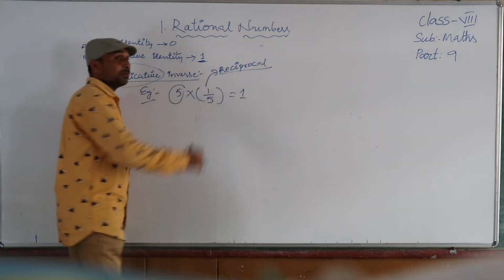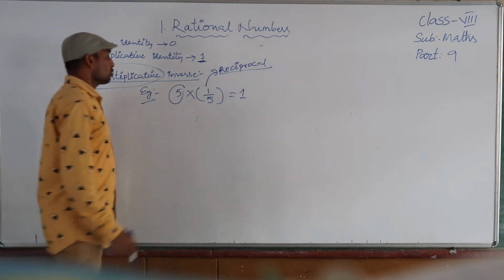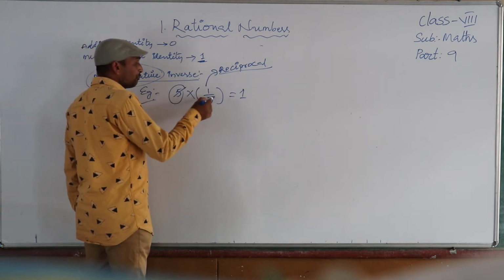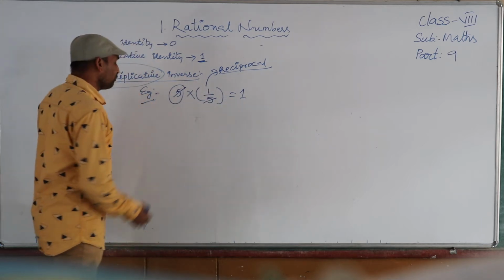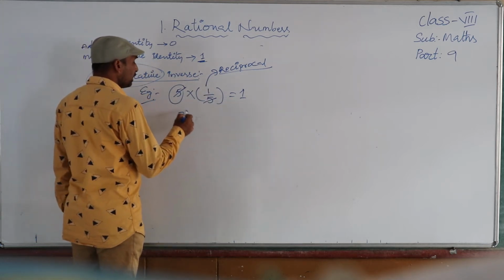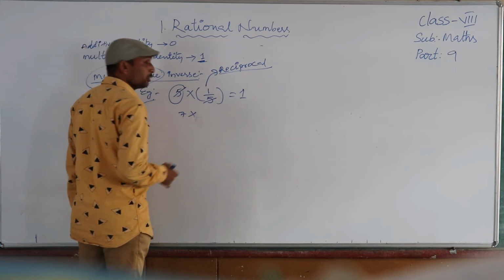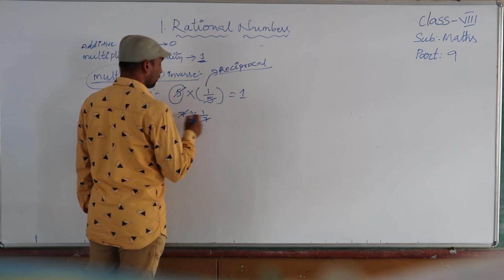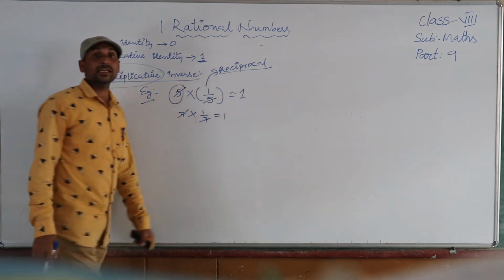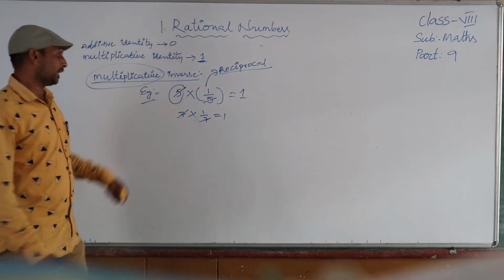So 1 by 5 I am taking. See here, 5 cancel, 1 into 1, 1. So if they give you 7, what should we take? 1 by 7. Because 7 cancel, answer 1 we will get.